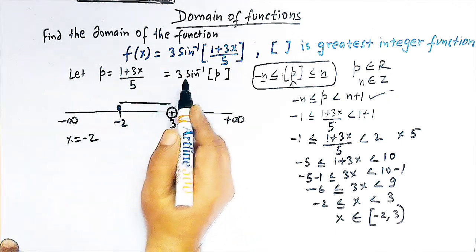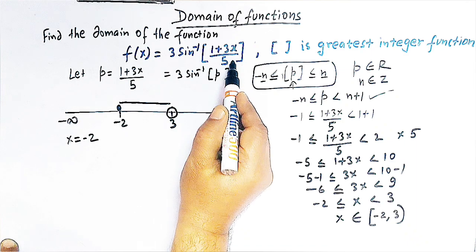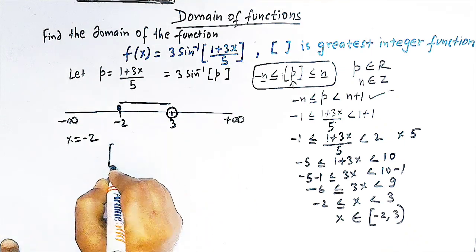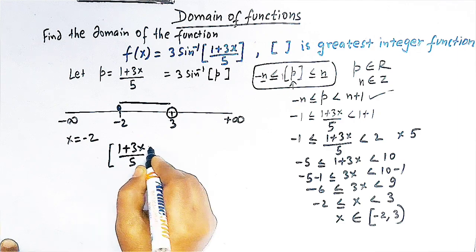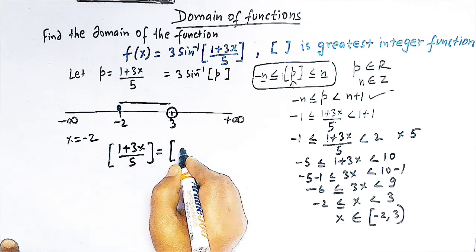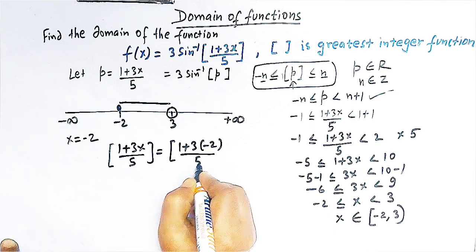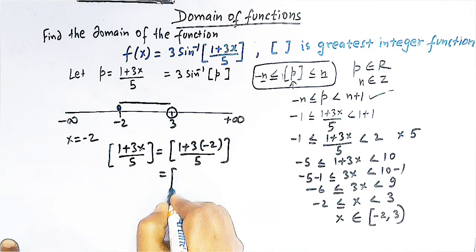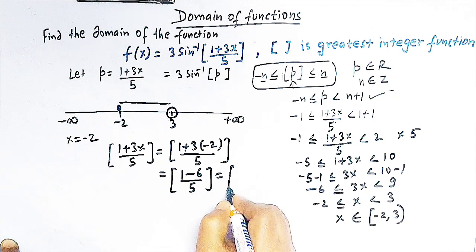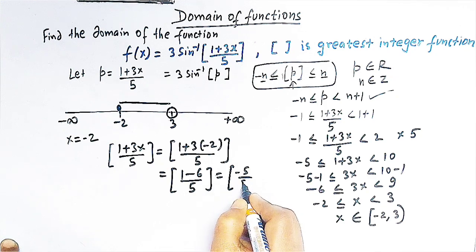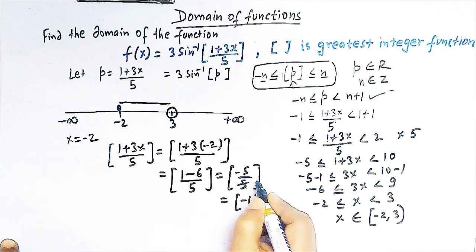So here for x is equal to minus 2, this expression, that is greatest integer of 1 plus 3x over 5, is equal to greatest integer of 1 plus 3 times minus 2 over 5. So this is 1 minus 6 over 5, and here we have minus 5 over 5, and this is minus 1, right?